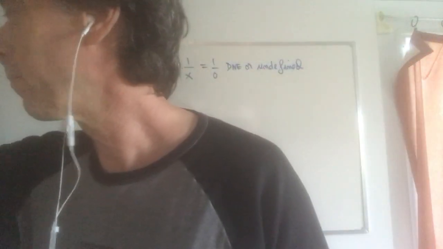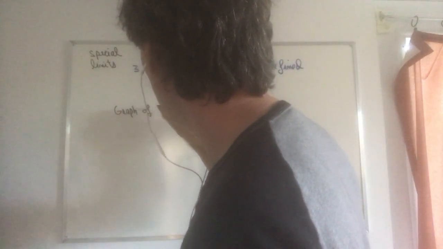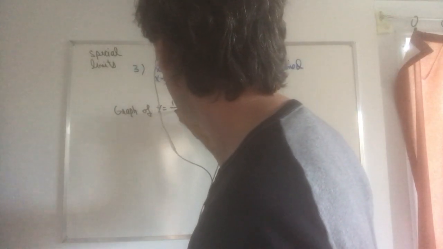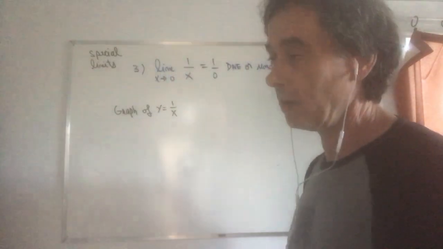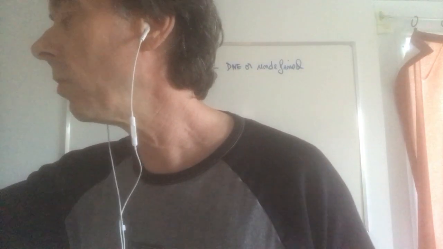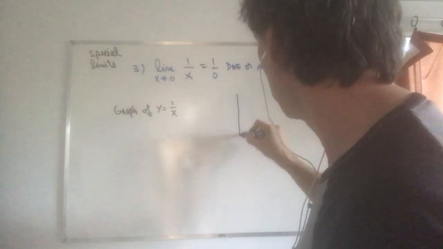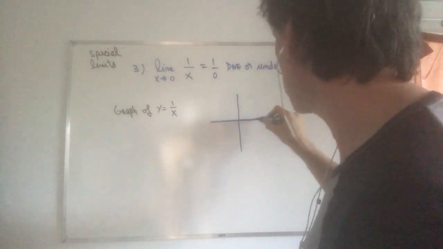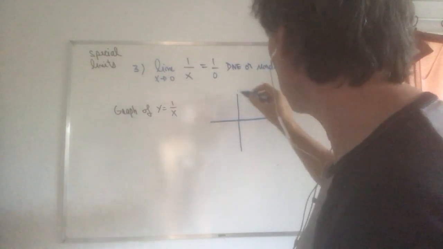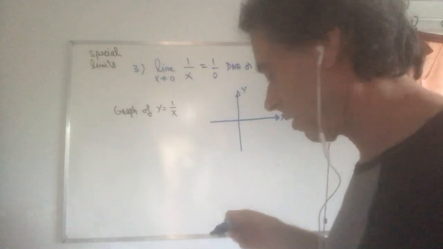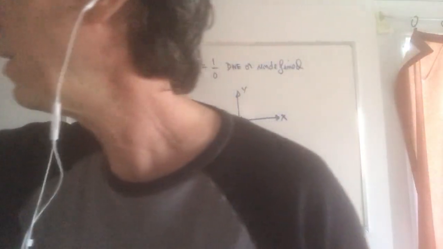And for that, allow me to actually sketch the graph of the function 1 over x. It's again something we saw in the review videos. It's a graph that actually has asymptotes. The good old rational function that we spent quite a bit of time in high school with, didn't we?